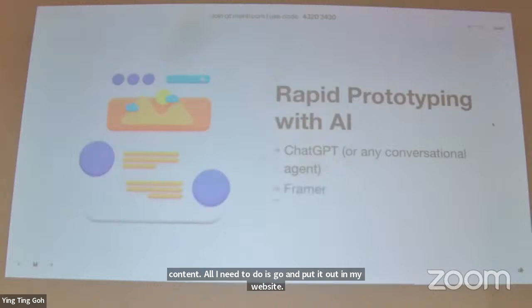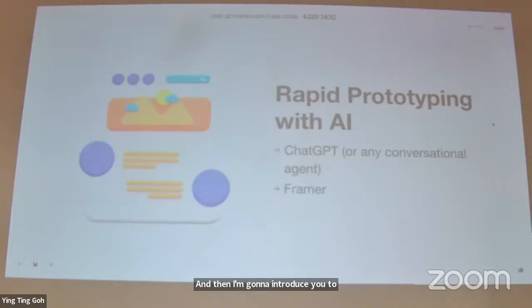And then I'm going to introduce you to this thing called Framer. Framer is a website builder, but to get started with one page, they have a generative AI, meaning you can use AI to design your layout, and then you can incorporate your brand and go live with it really, really quick.